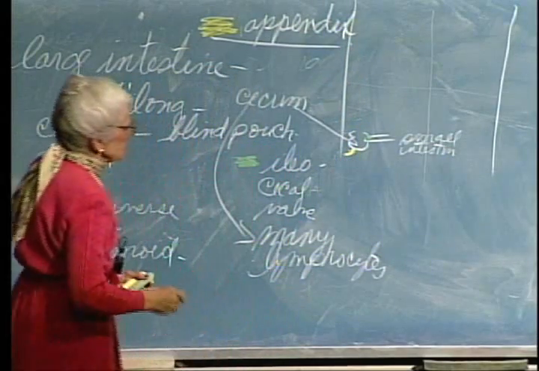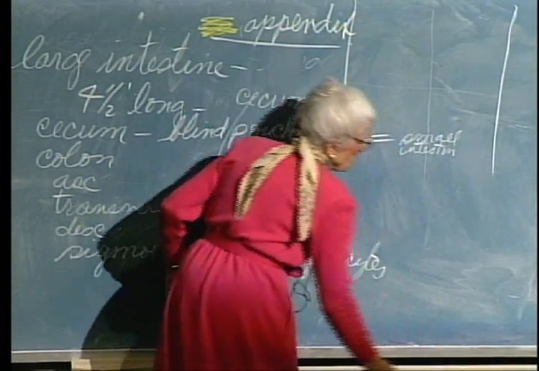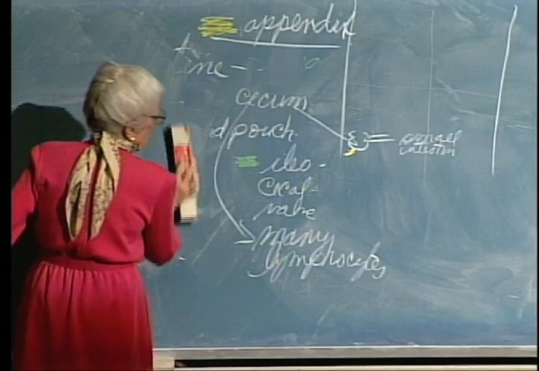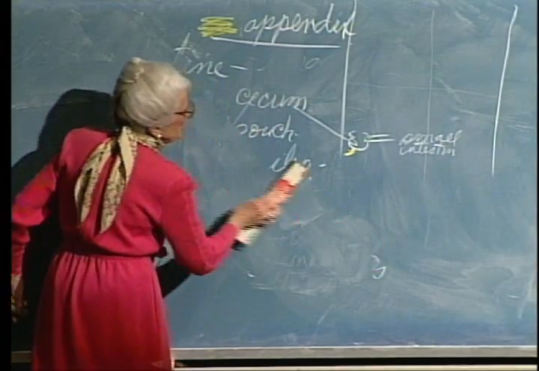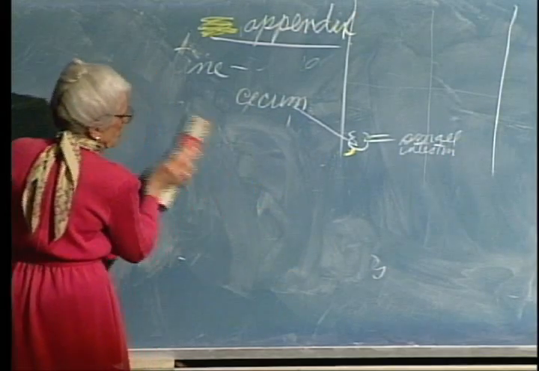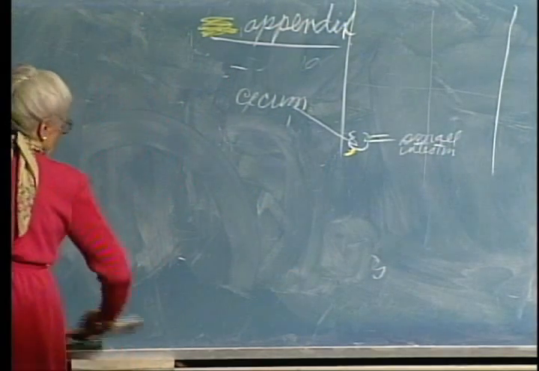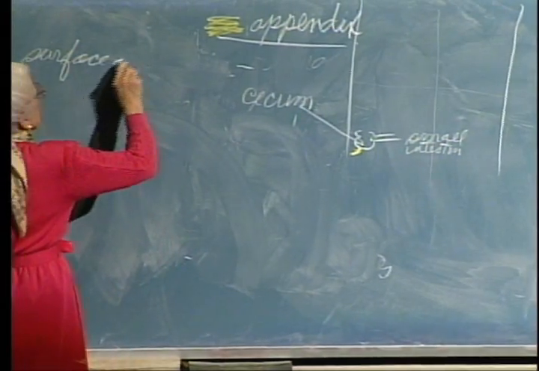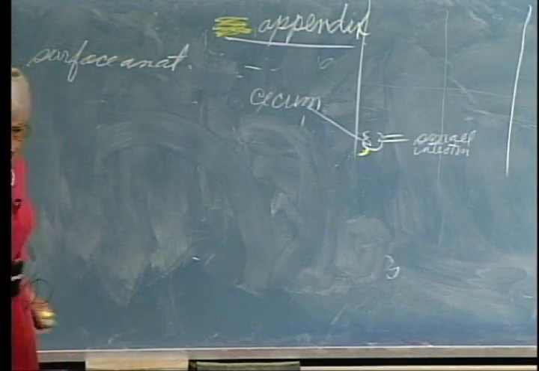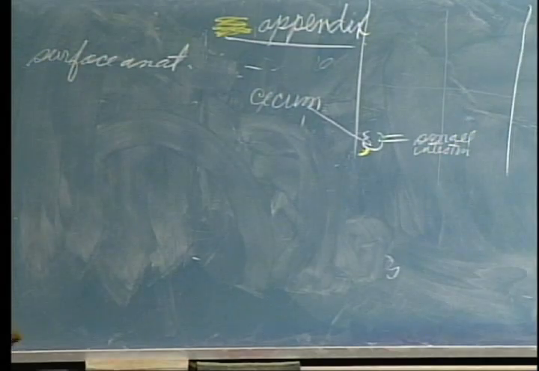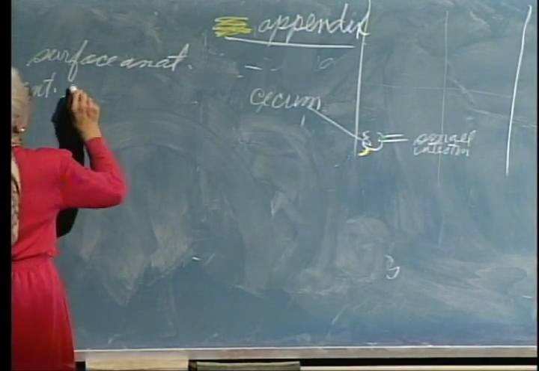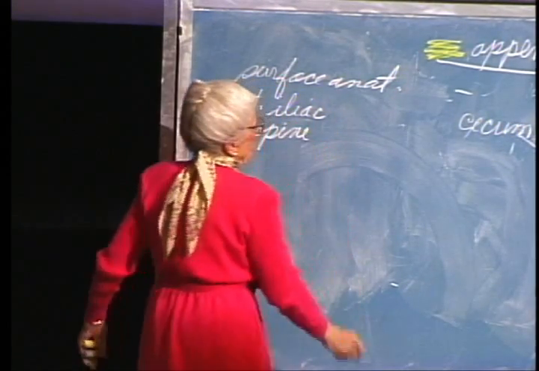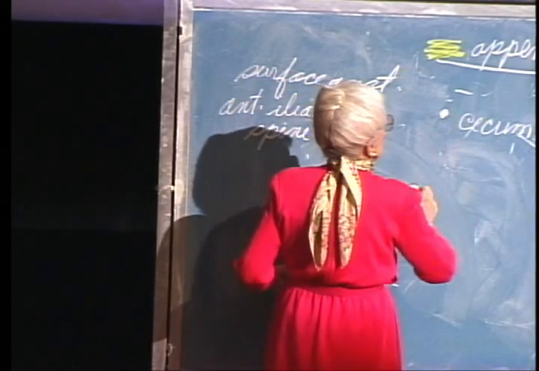so we see the little appendix there. How do you tell somebody exactly where the appendix is if it's in its normal position? From surface anatomy. So from surface anatomy, you find your anterior iliac spine, and you draw a line over to your umbilicus.